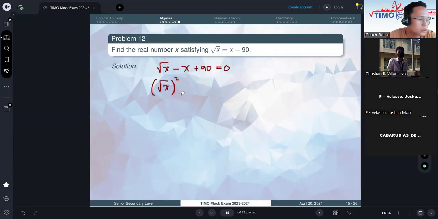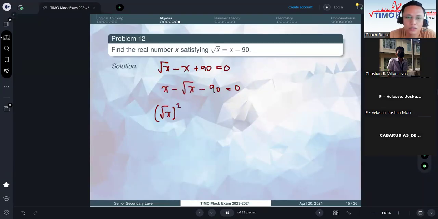I want this to become reversed. So from here, you can rewrite this as X minus square root of X minus 90 is equal to 0. And we know that the X here is square root of X quantity squared minus square root of X minus 90 is equal to 0.